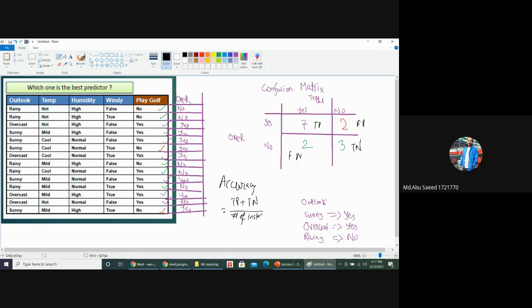Yes, sir. So how much is the true positive? 7. And how much is the true negative? 3. So that's altogether 10 out of 14. If you do 10 by 14, how much is that? Anyone? Calculator? 0.71 something, which is about 71%. So the accuracy is 71%.